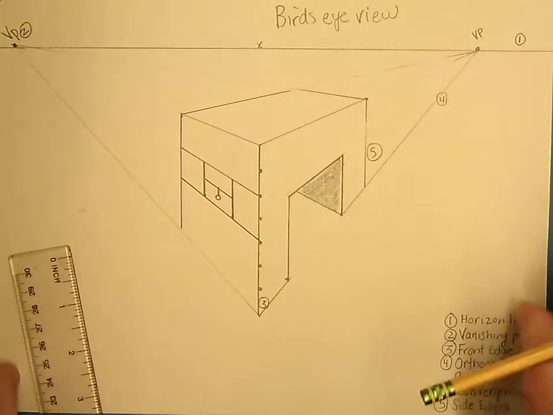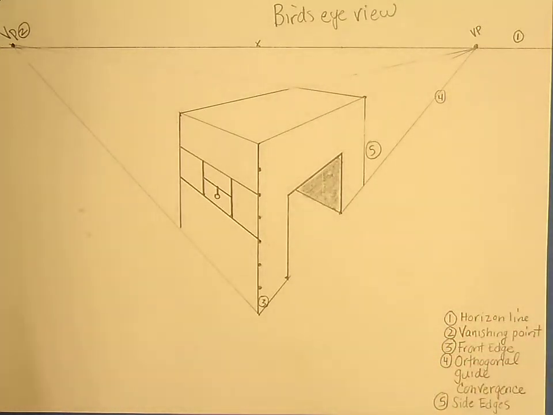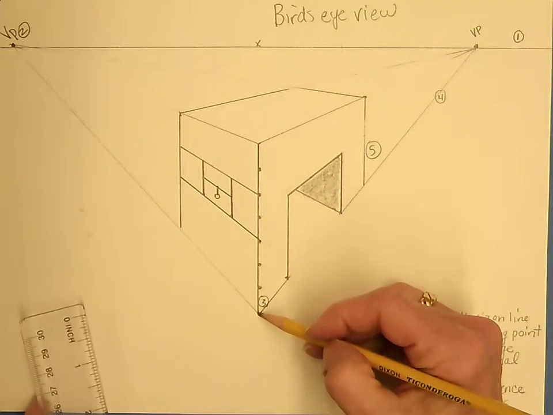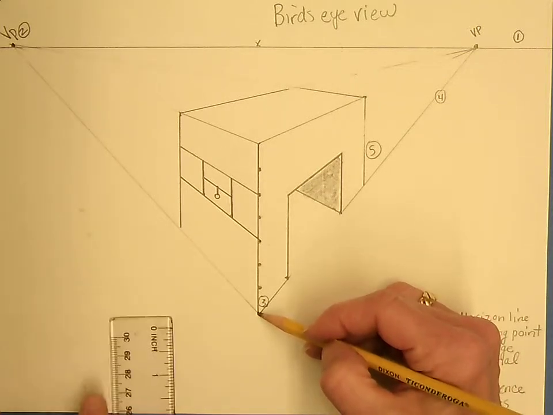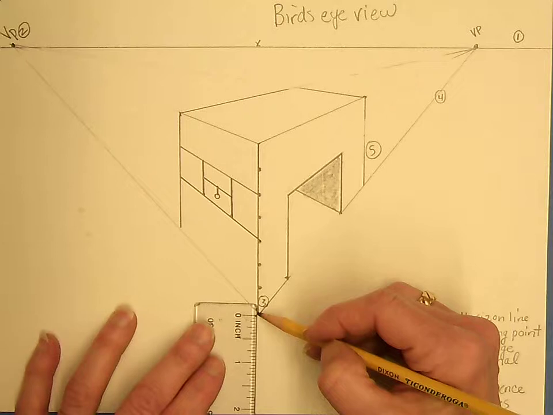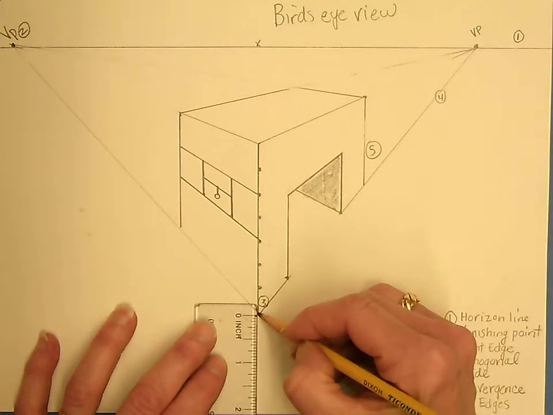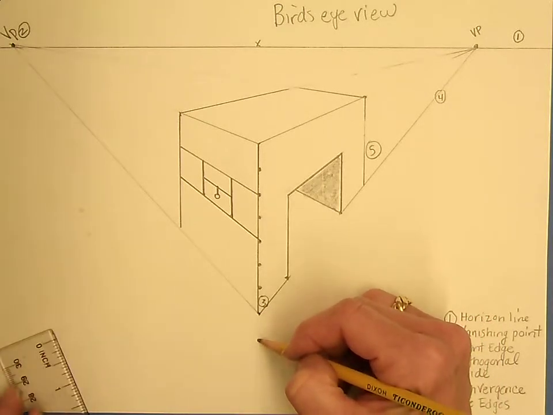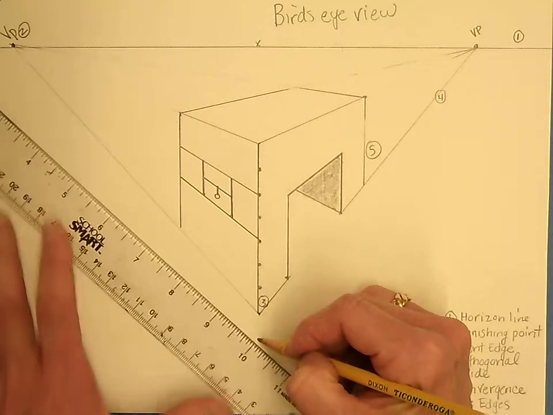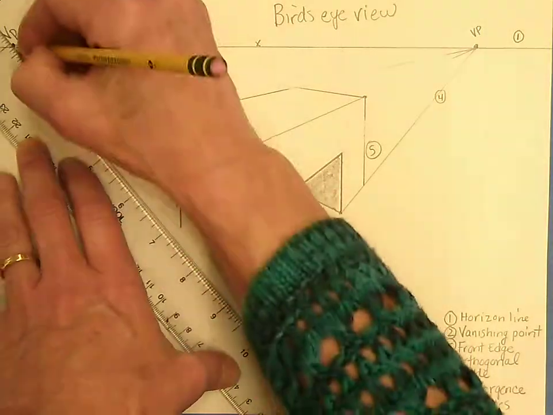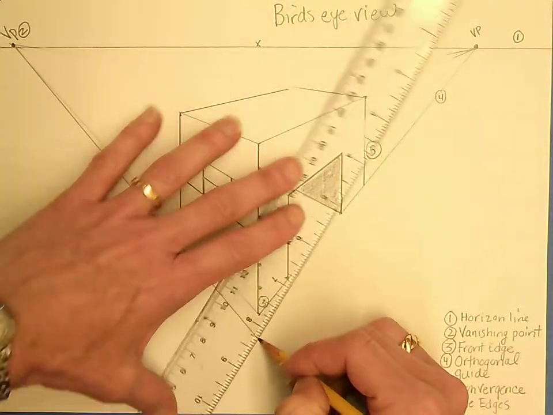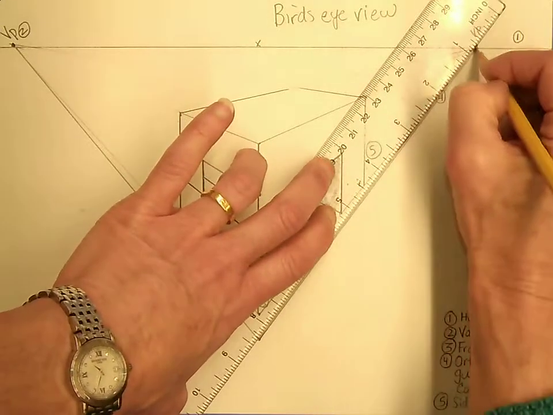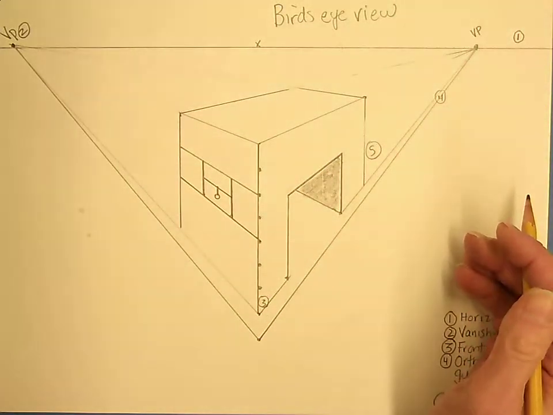Great. Now we're going to create a sidewalk. We are going to put our pencil point on the front edge. We're going to hold our ruler perpendicular, come down a half an inch, and take that to the vanishing point. We now have a sidewalk.